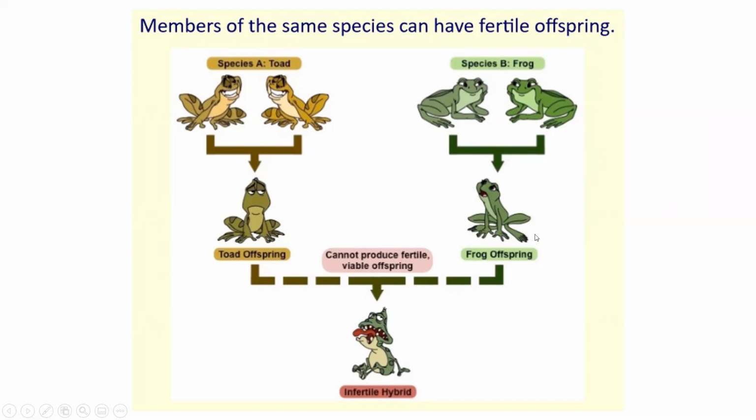However, the toad and the frog, because they are different species, cannot produce fertile offspring. They may be able to produce some kind of infertile hybrid, but it is not a member of either species. Okay, so the definition of a species is that members are organisms that are able to go on to produce fertile offspring.